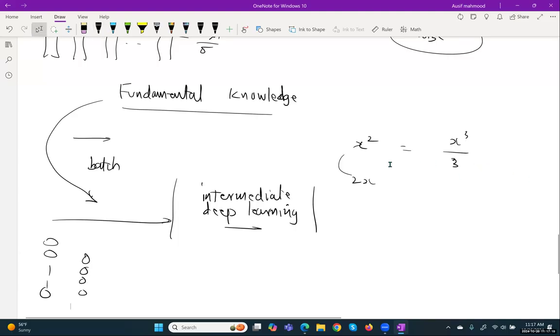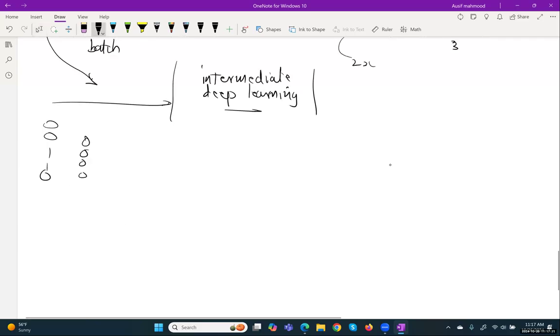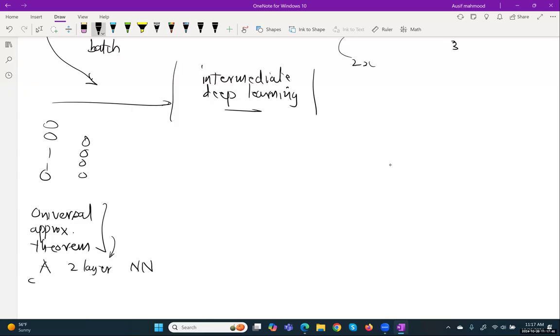And let me also mention this. In the beginning of the course, I had mentioned that there was a universal approximation theorem, proposed sometime in the late 80s or early 90s, I forgot, which basically said that a 2-layer neural network can learn any complex function.